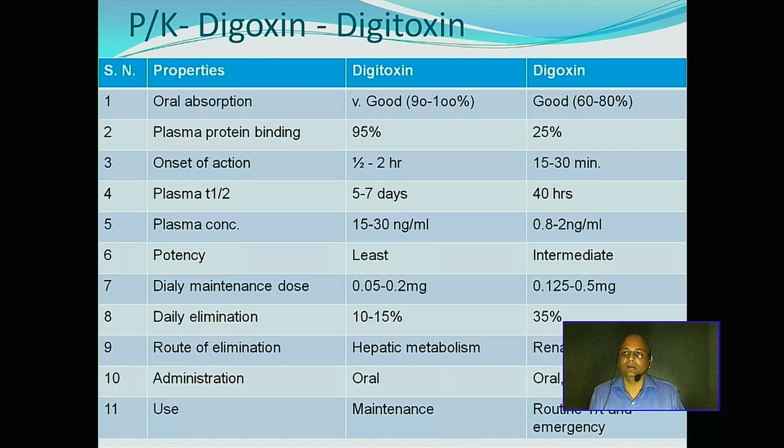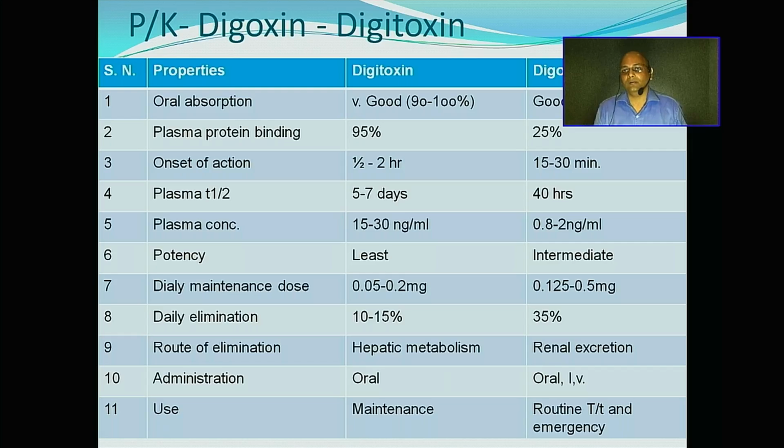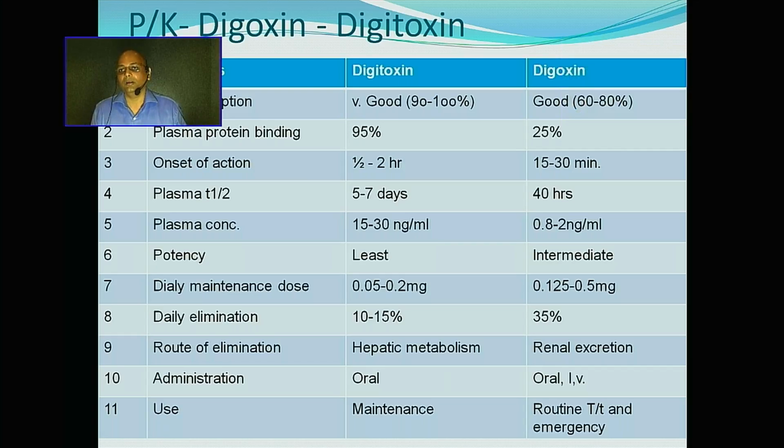Plasma half-life: 5 to 7 days for digitoxin, and 40 hours for digoxin. So with the long plasma half-life, a loading dose is necessary in both drugs. Digitoxin's potency is least and digoxin's potency is intermediate. Daily maintenance dose is 0.05 to 0.2 milligram for digitoxin, and around 0.5 milligram for digoxin. Elimination is about 15% for digitoxin and 35% for digoxin.